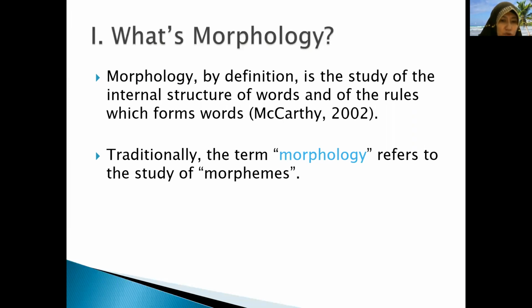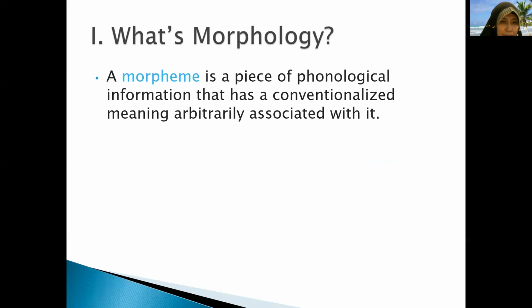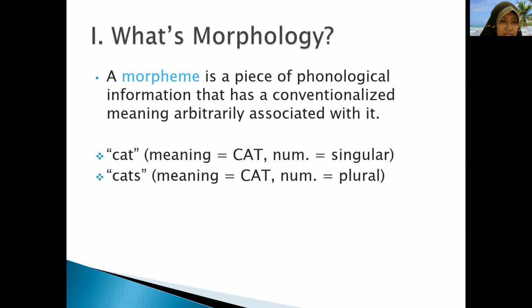Traditionally, the term morphology refers to the study of morphemes. But what's a morpheme? A morpheme is a piece of phonological information that has a conventionalized meaning arbitrarily associated with it. For example, the word cat.